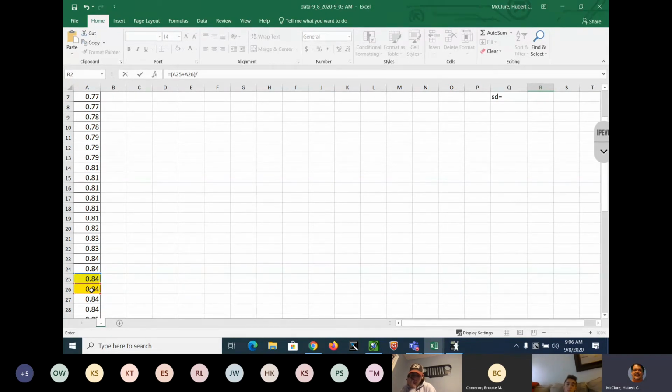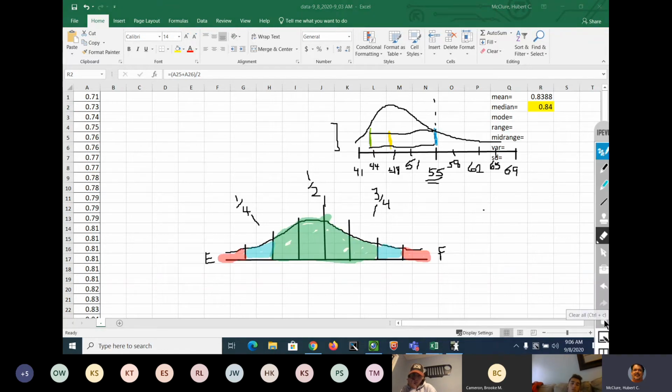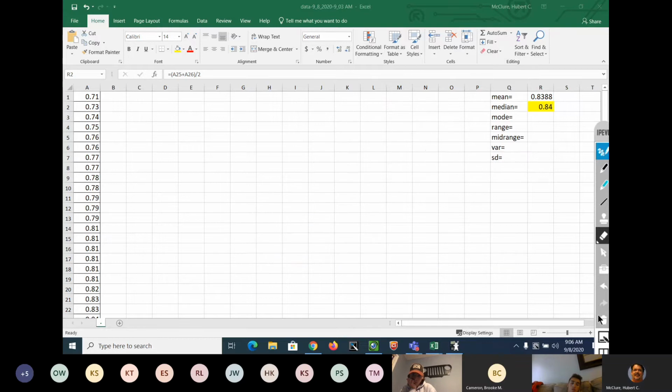Now remember our blue dot, when we get our 5-number summary, that 0.84 right there. I'm going to take my handy dandy pen and color it blue, and make a big dot right there.